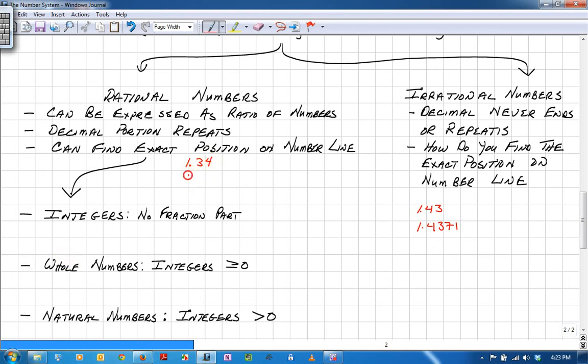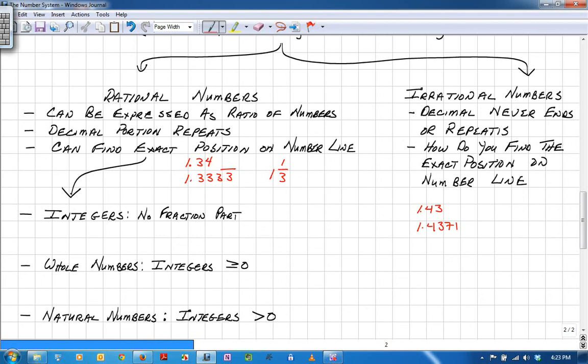Also, another rational number would be 1.3333 repeating. And because the 3 keeps going, we could express that as 1 1/3. So we do have an exact position for that number on a number line. That's why it's a rational number.